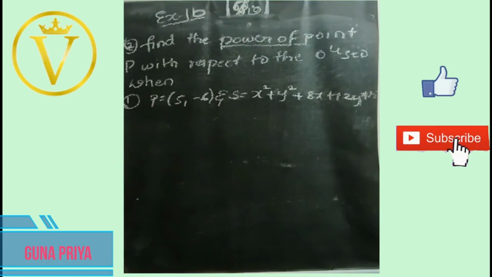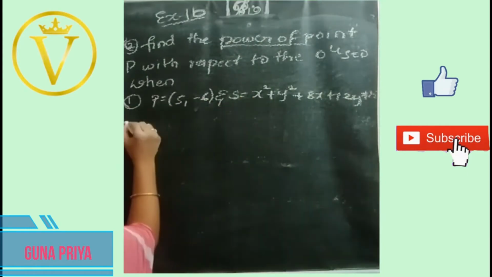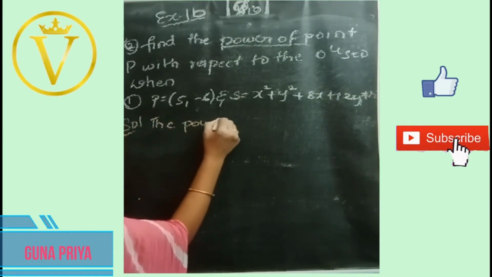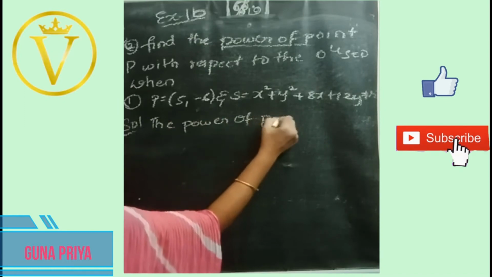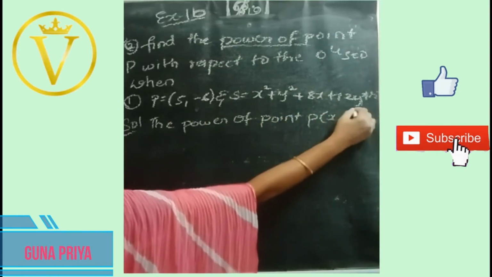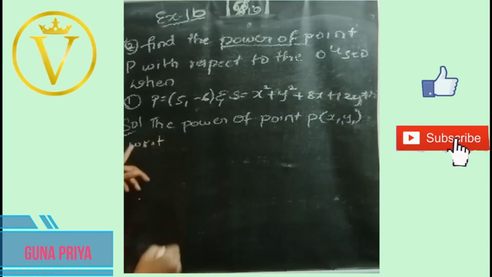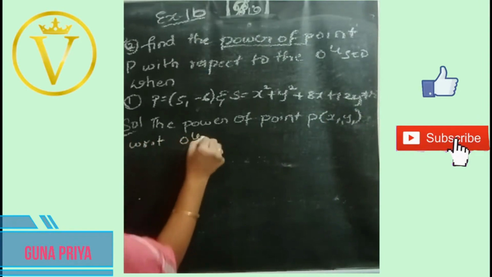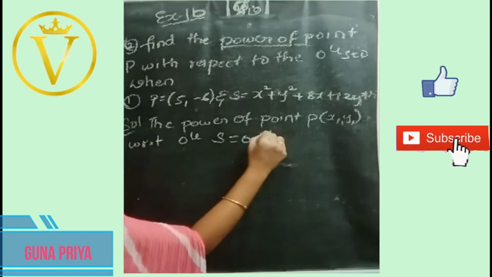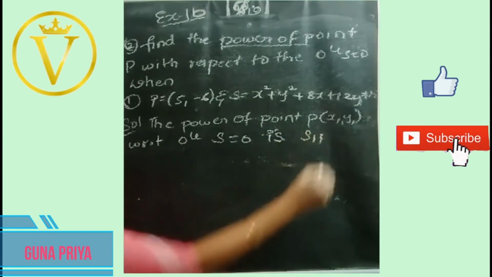Okay. They have given the point and the circle equation. See here, the power of point P, which is (x1, y1), with respect to circle S equals 0, is S11.